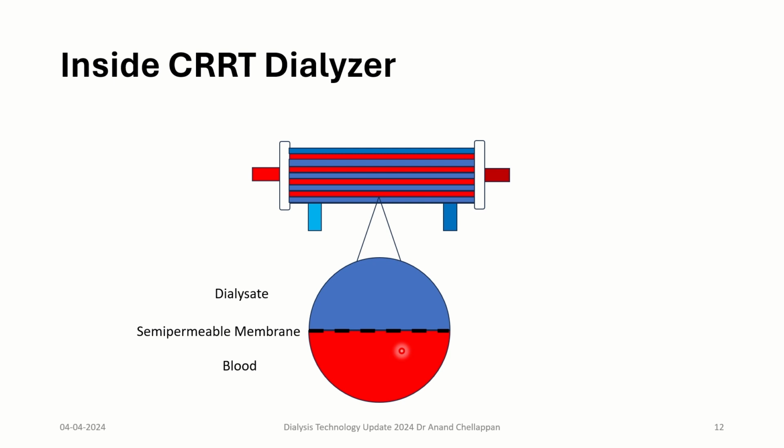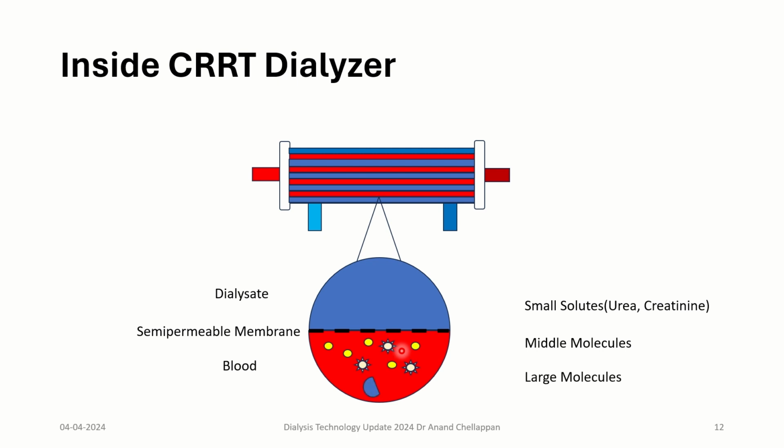To understand that, we need to know the solutes and the toxins which accumulate in the blood of the patient with renal dysfunction. These can be small solutes, or they can be middle molecules, and they can also be large molecules. So these are all found in a patient who has a renal dysfunction, and our goal is to remove these solutes during the procedure of CRRT.